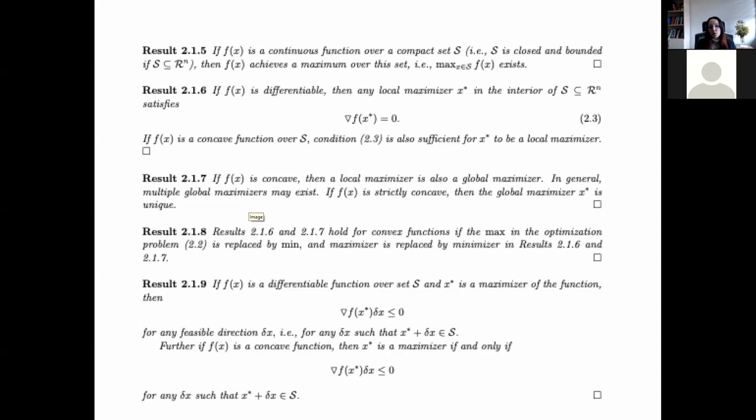So multiple global maximizers may exist, but if f is strictly concave, then the global maximizer is unique. Results 2.1.6 and 2.1.7 also hold when you change maximum with minimum and concave with convex, and that is given as result 2.1.8.